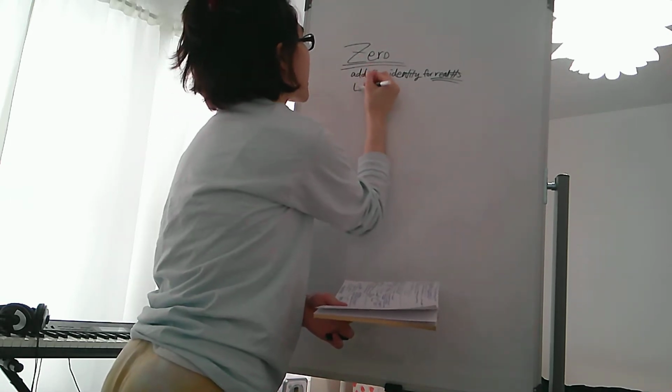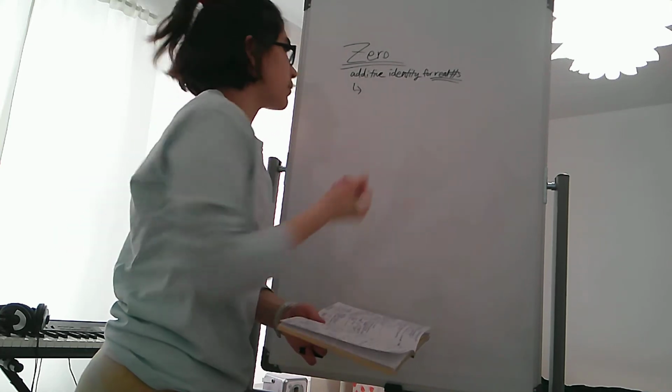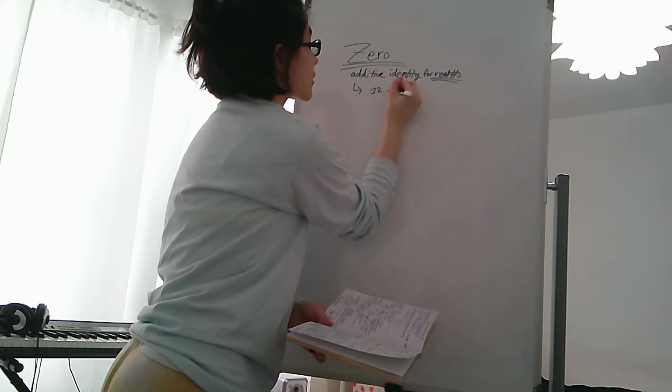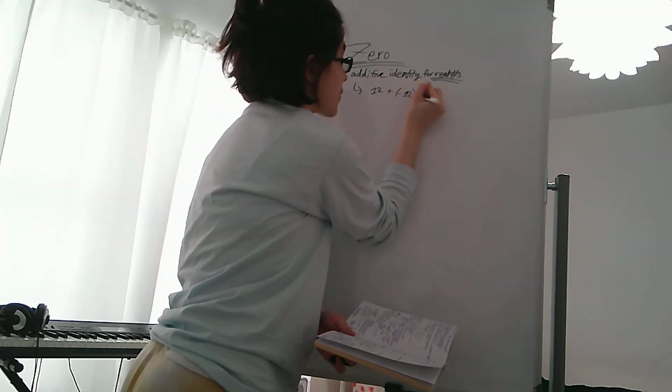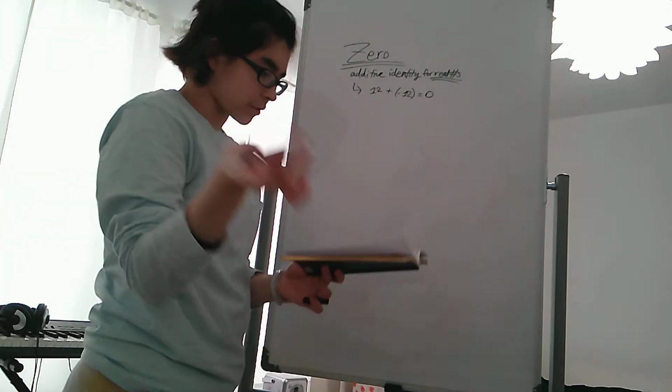Okay, so let's say A is a variable. It stands for any real number. So let's say 12. When you take 12, you add its opposite, which is negative 12. What do you get? 0. Therefore, 0 is the additive identity for real numbers.